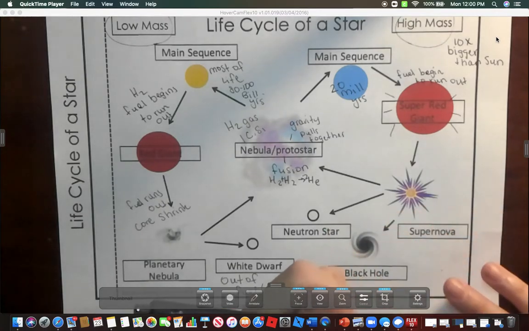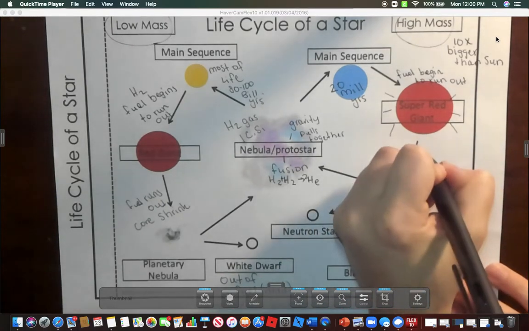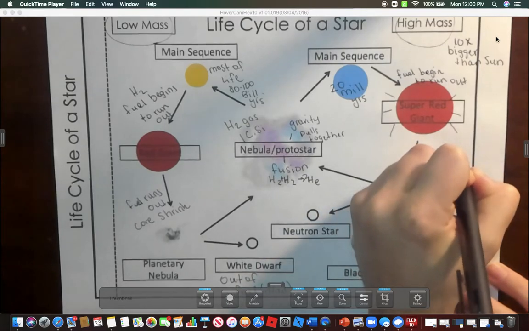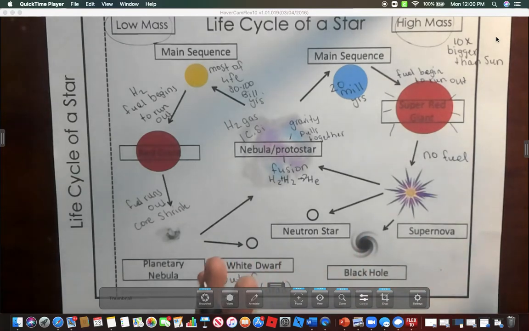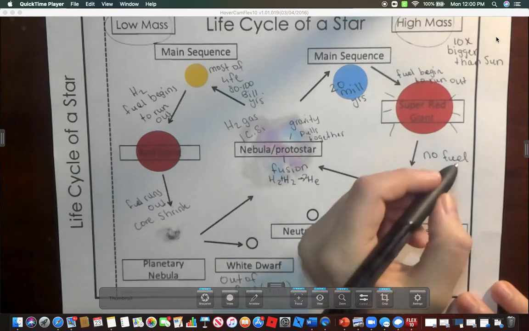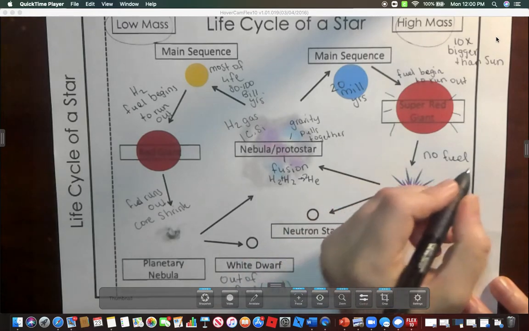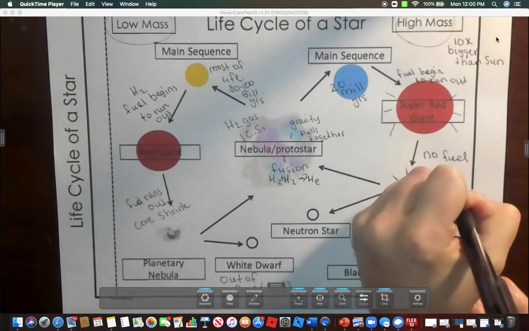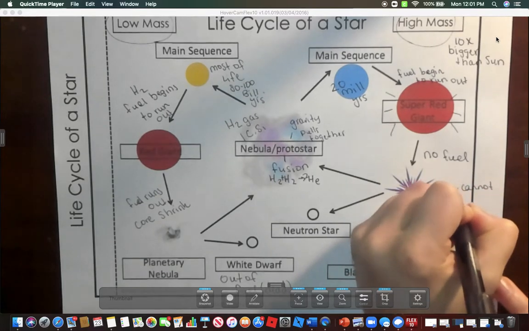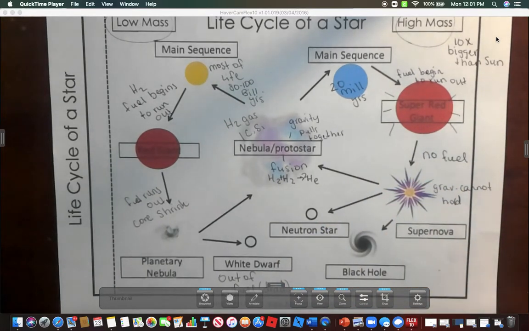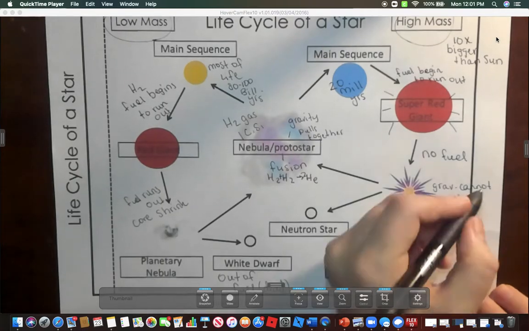When the fuel for the star completely runs out, so there's no more fuel, the gravity can no longer hold the star together. I'm going to write that. Gravity cannot hold. So the star basically explodes into a supernova.